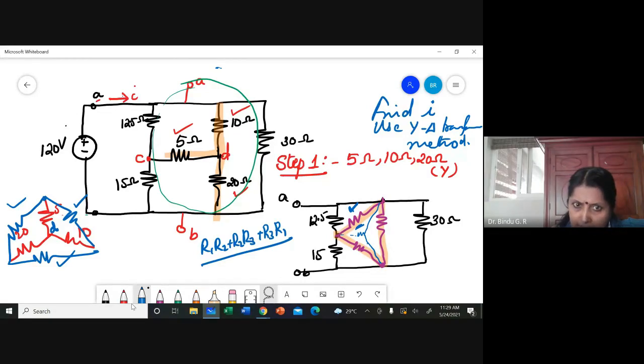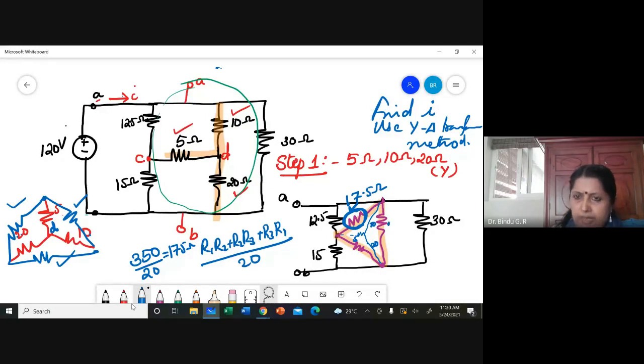This is the 20, this is 10, this is 5. So for this resistance, divided by 20. 5 into 10 plus 10 into 20 plus 20 into 5 will become 350. 350 by 20 will become 17.5 ohm, so this resistance is 17.5 ohm.